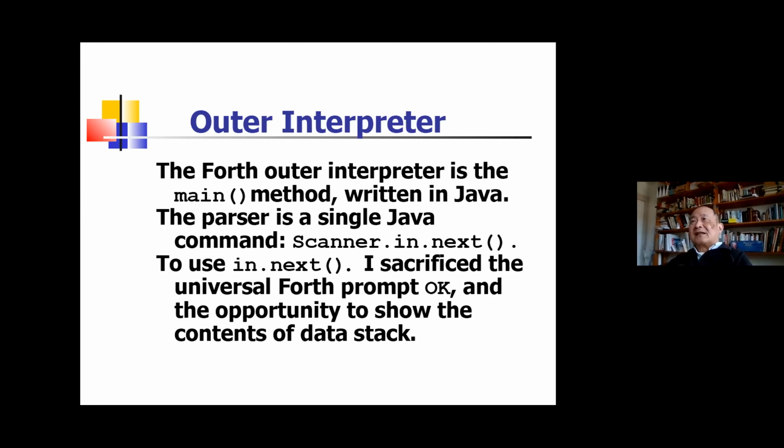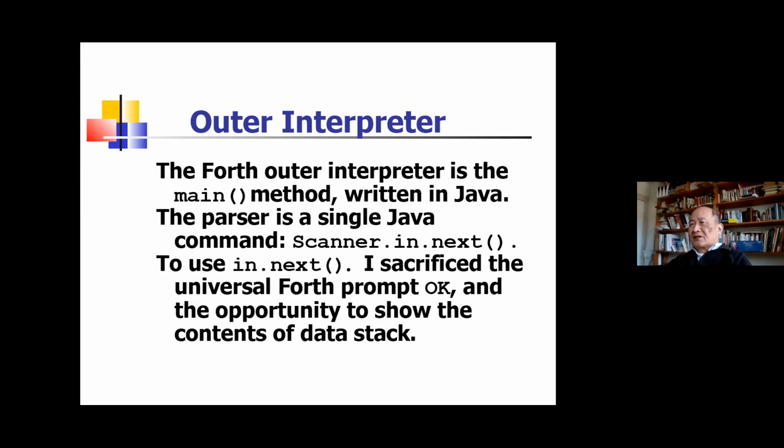And the very nice thing about Java is that the interpreter gets very simple. The outer interpreter is in the main method, which is written out in Java. The most interesting thing is the parser. The parser is a single command in Java.